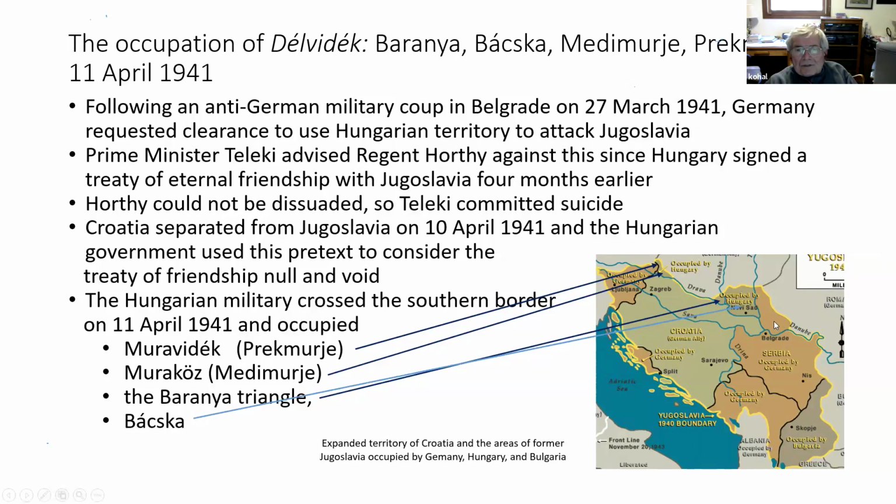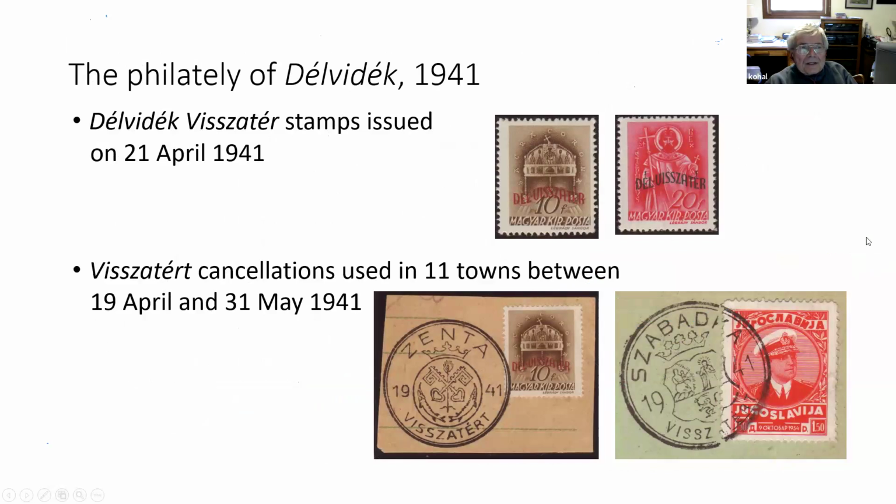That was part of historical Hungary, but I think they wanted to make sure that they maintained control over that. Again, the philately of this: the southern border was basically the same as before. Stamps were issued and visitor cancellations used. It happened to be in 11 different towns.